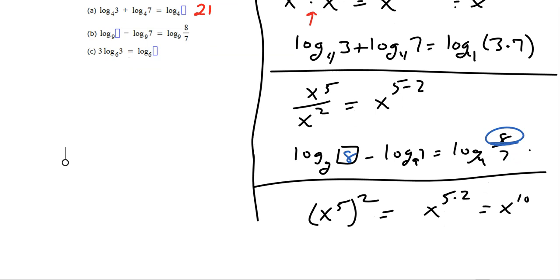Well, log base 6 of 3, remember that whole thing is an exponent, right? So if I write out the in-between, 3 times log base 6 of 3 would be log base 6 of 3 to the third. It's like having an exponent to an exponent, because we're multiplying those things together. And then, of course, 3 to the third is 27, so that would be log base 6 of 27.